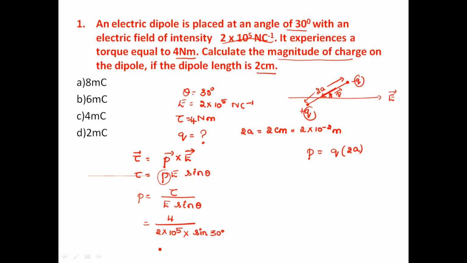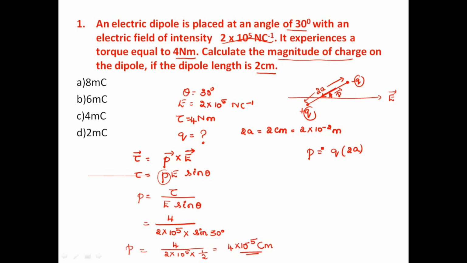I can also write this as 4 divided by 2 into 10 to the power of 5, sine 30 degree is half. That leads us to the answer for P as 4 into 10 to the power of minus 5. What is the unit for dipole moment? It is coulomb meter. Hence we got the value for dipole moment.